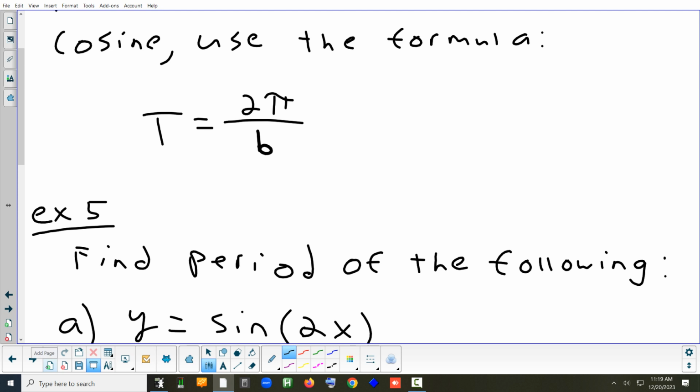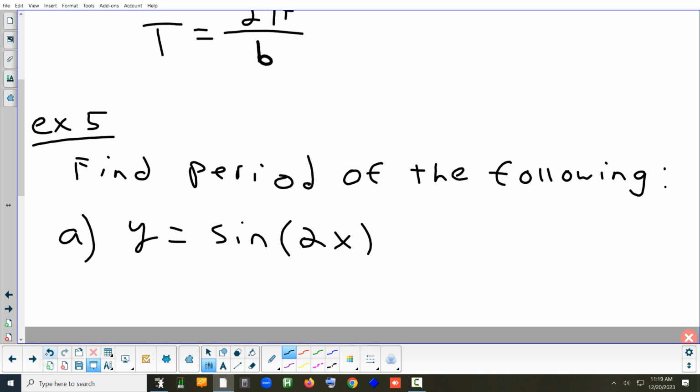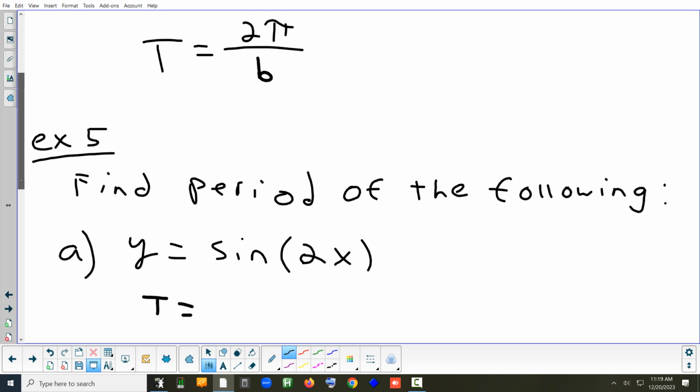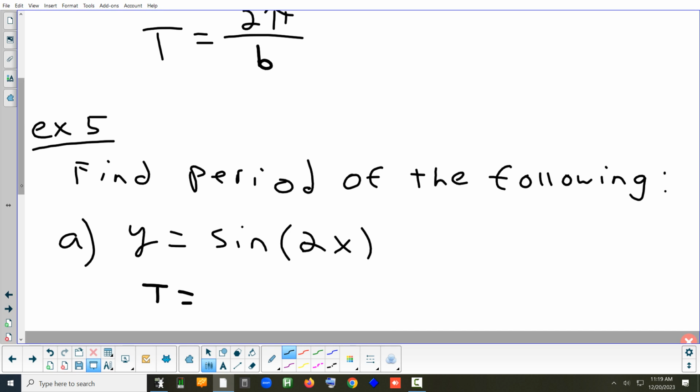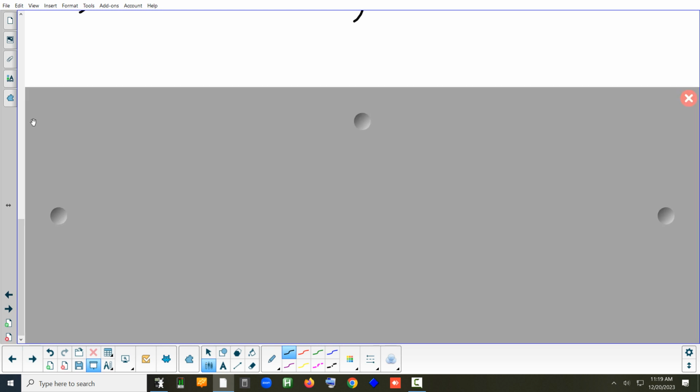We'll try a couple of these. Sine 2x. We just did that one. Not the period. What's the b value in this problem? b is 2. So now what's the period? Pi. Okay, let's try this one.